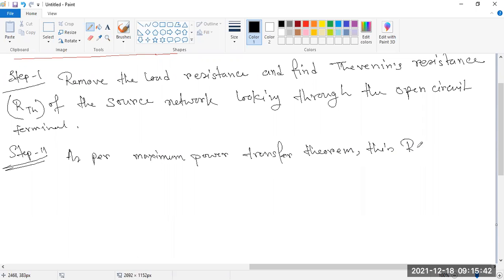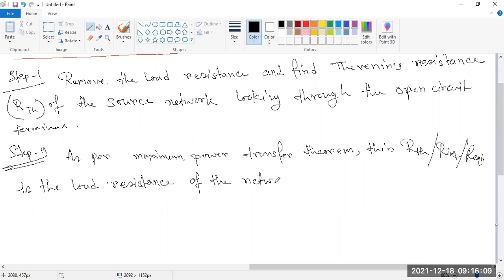As per the maximum power transfer theorem, this RTH, meaning Thevenin resistance or internal resistance or equivalent resistance, is the load resistance of the network, that is, RTH equals R load.